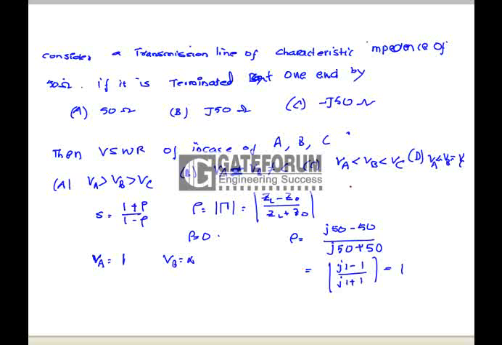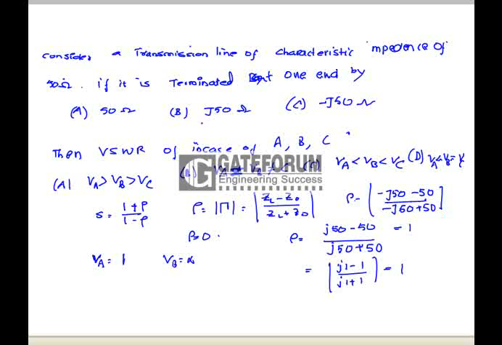Similarly, in the third case, when the transmission line is terminated by minus j50 ohms, rho equals (minus j50 minus 50) divided by (minus j50 plus 50). The magnitude is again equal, so rho is again 1 in the third case as well. So S is infinite.